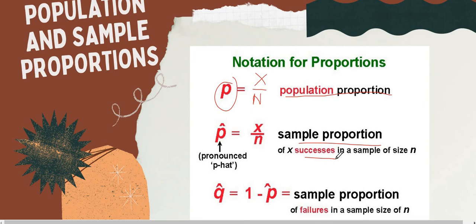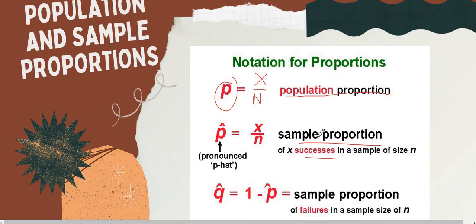It depends on the question. Success here means what the question asks you to find. If the question asks you to find the proportion of defective, then defective is the success here. So make sure you are clear on what success means here.